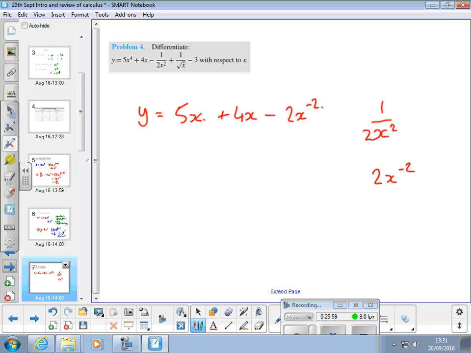Forget about the negative sign in front of it for a minute. Set x to a number, whatever number you like, say 3, and do that and that in your calculator.